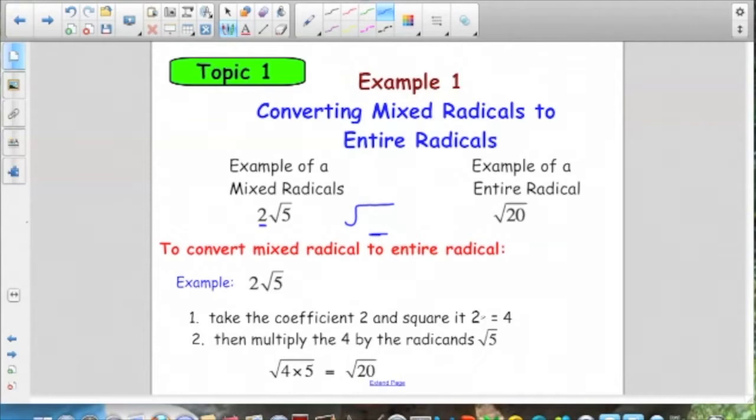All we need to do is, we know the index is 2. So therefore, we take the radicand, which is 5, then we multiply it by the coefficient to that index. So we get the answer 20. So it's a pretty simple procedure.